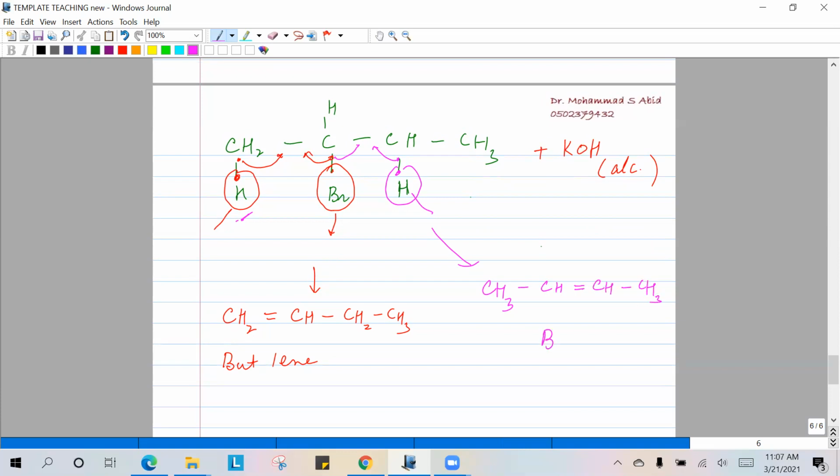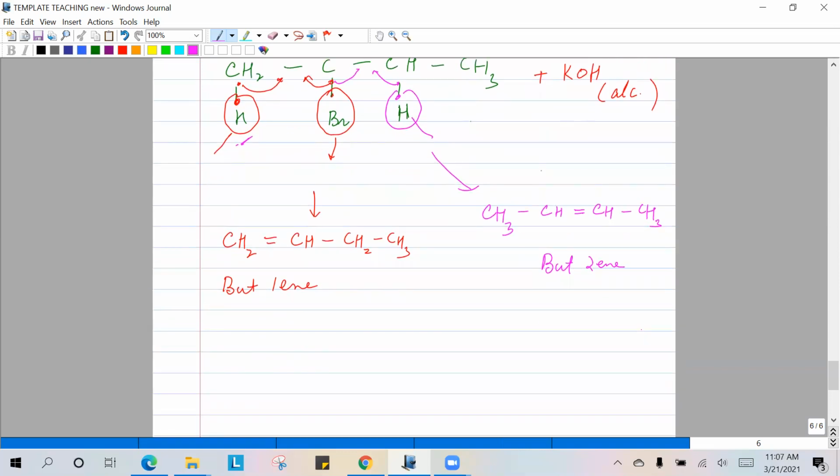So now you will end up with but-2-ene. So you will end up with this plus KBr plus water, and over here you will end up with KBr plus H2O. So the difference is you get but-1-ene and but-2-ene. So you will be getting a mixture of products.